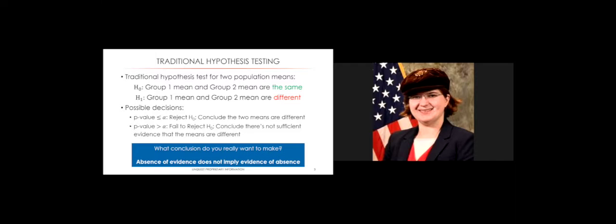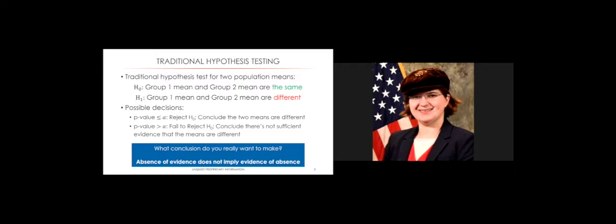The other possible decision: the p-value is greater than alpha. Does that mean we can conclude that the means are the same? Well, no, we have to use our nice, lovely statistical logic here. We just fail to reject the null hypothesis. It doesn't mean that they're the same, but we just don't have evidence to conclude that the means are different.